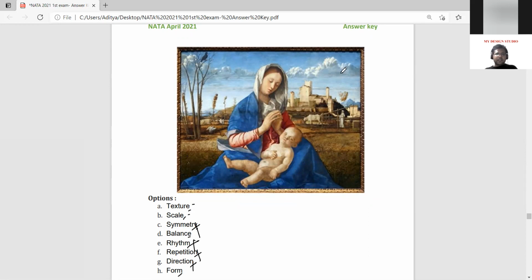Texture, you can definitely see in the painting: the texture of the grass, the sky, the texture on the cloth. And balance, because they have not just put the image in the center, but have tried to place the elements in the background. They try to place the sky and a castle in order to balance the overall image. You can see that this is not centrally aligned. A lot of weight is on this side, so in order to balance that weight, a lot of weight has been put on this side to balance the image.